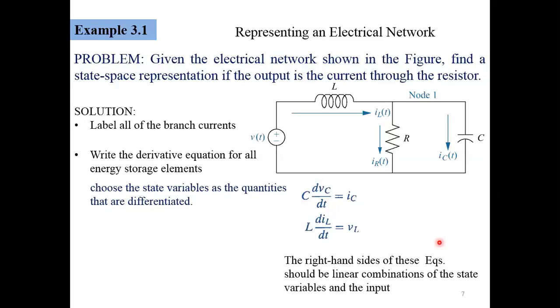The right hand side of these equations should be a linear combination of the state variables and the input, like this. In this case, this is a linear combination of input and the state variables.